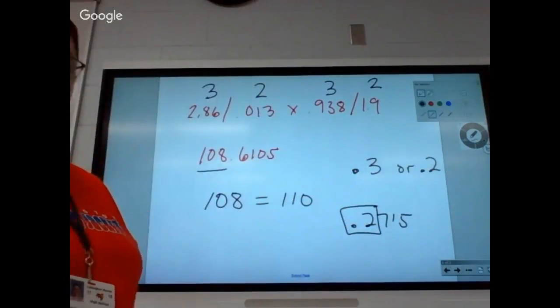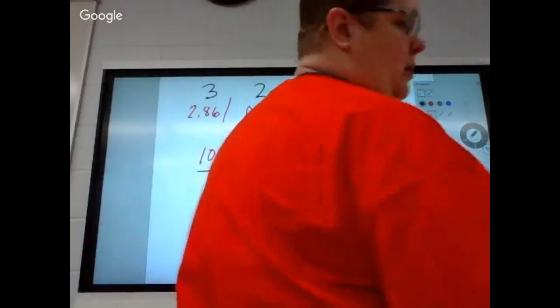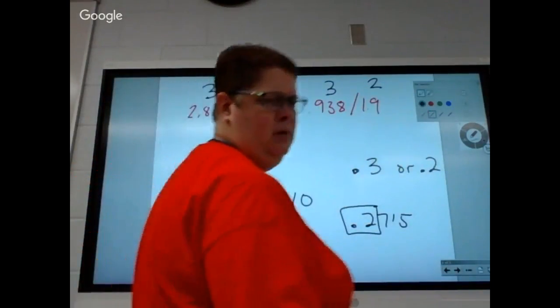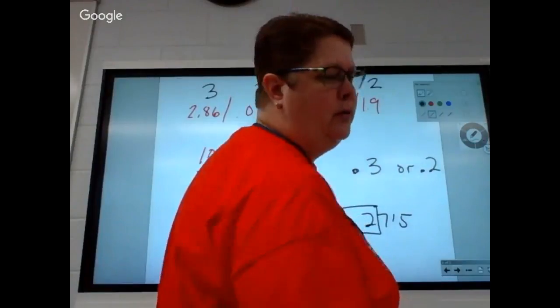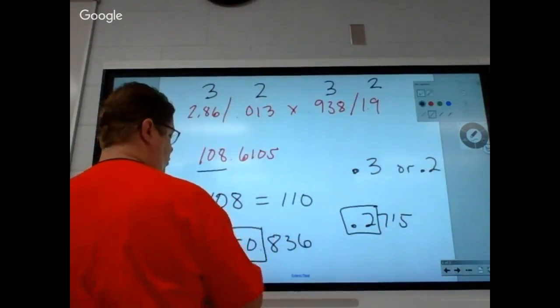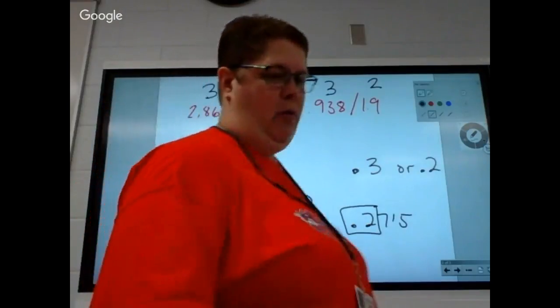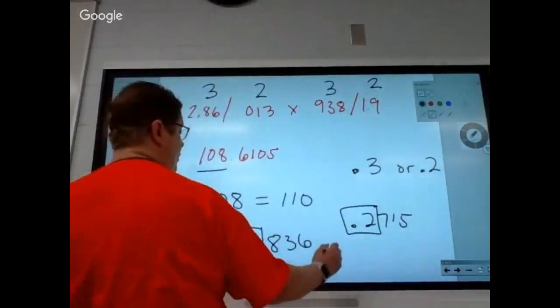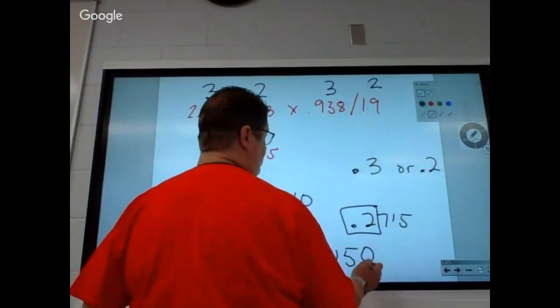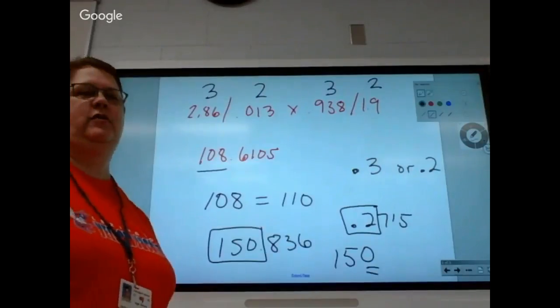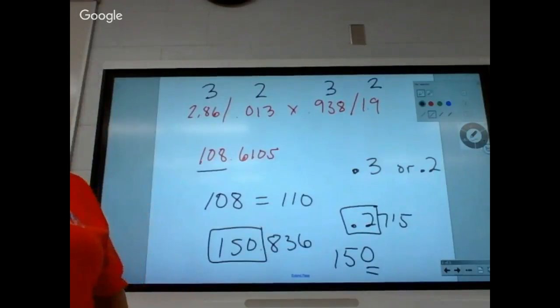What was 17? 17 was 150.8, 36 something. So you want that, and you only want 2 significant digits there. So I would round to 150 because that significant digit there is not significant. So you only have 2 significant digits when you round to 150.